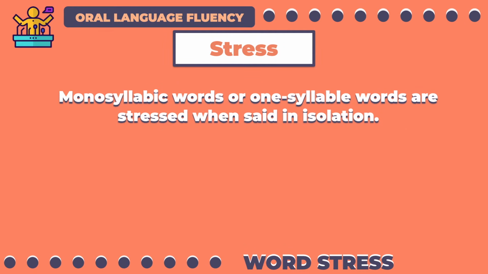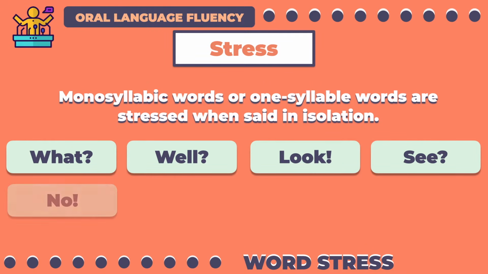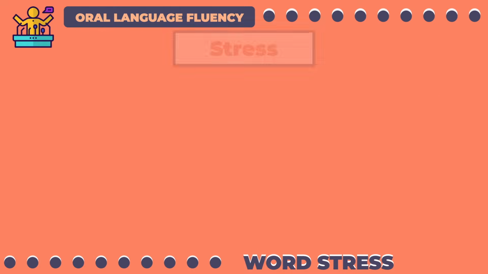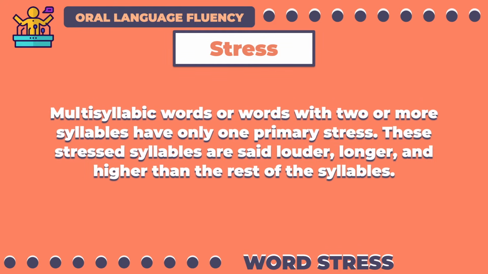Try practicing saying these words, internalizing the different characters or emotions from the movie Inside Out. What? Well? Look! See? No! Now? Ouch! Wow! Aside from monosyllabic words, there are also multisyllabic words, from the word multi, meaning many. These are words with two or more syllables.